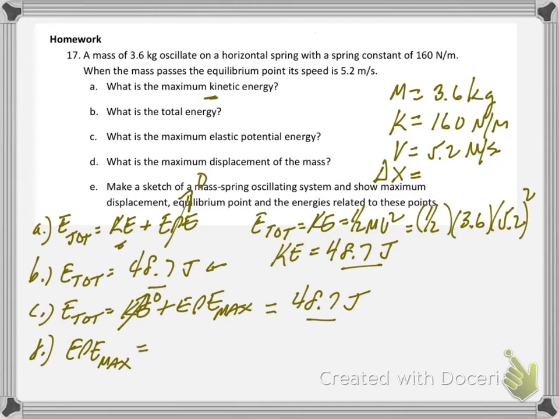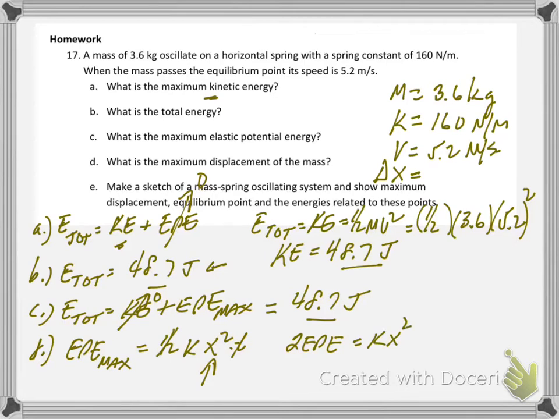So EPE equals 1/2 kx squared. What we need to do now is get this x by itself. So we have to multiply both sides by 2. We're going to get 2 times EPE, and the half cancels, equals kx squared.